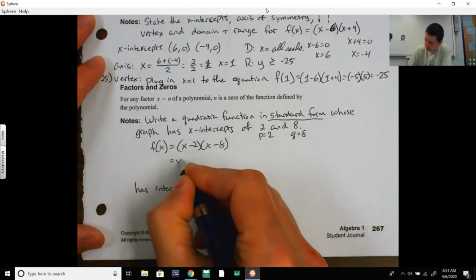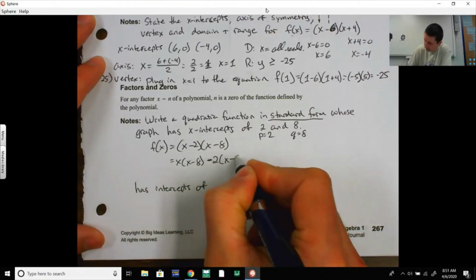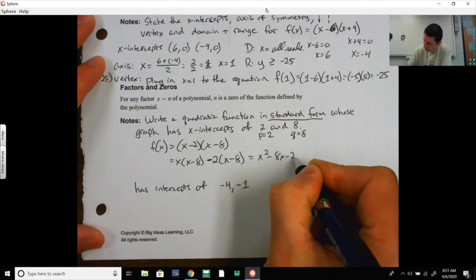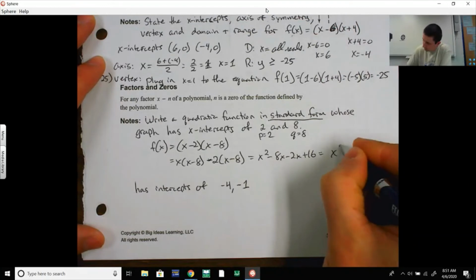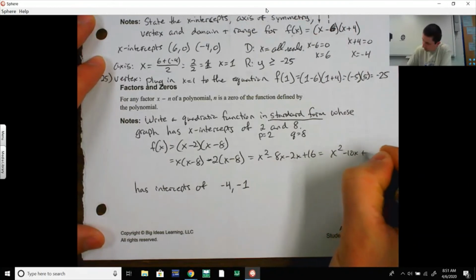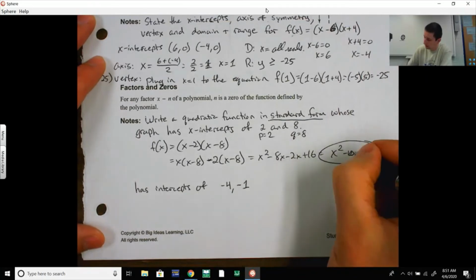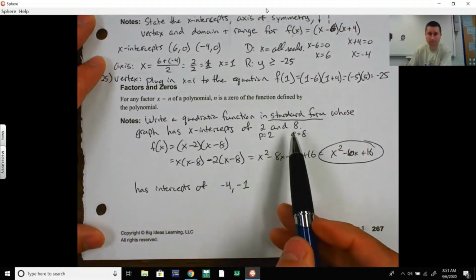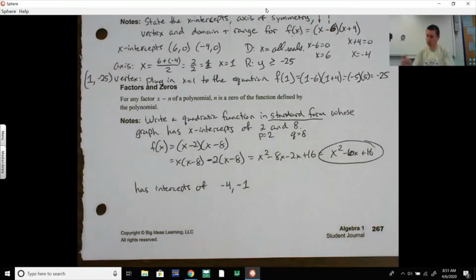So that'd be x times x minus 8 minus 2 times x minus 8. So that'd be x squared minus 8x minus 2x plus 16. So we get x squared minus 10x plus 16. That is standard form. Again, I would check that on Desmos and make sure your x-intercepts are 2 and 8. Just graph that in Desmos, and if you have the correct x-intercepts, that should be the correct answer.